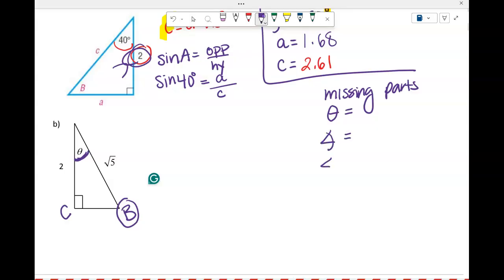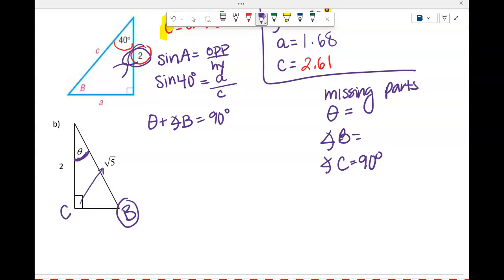We do know C has a right triangle symbol, so we know that's going to be 90 degrees. Now we do know angle theta and angle B need to add up to 90. That's all we know. And remember, put a bubble on it because we are going to talk about degrees.